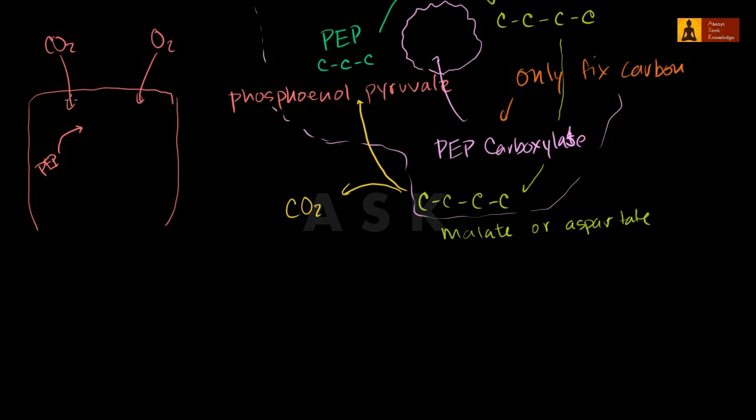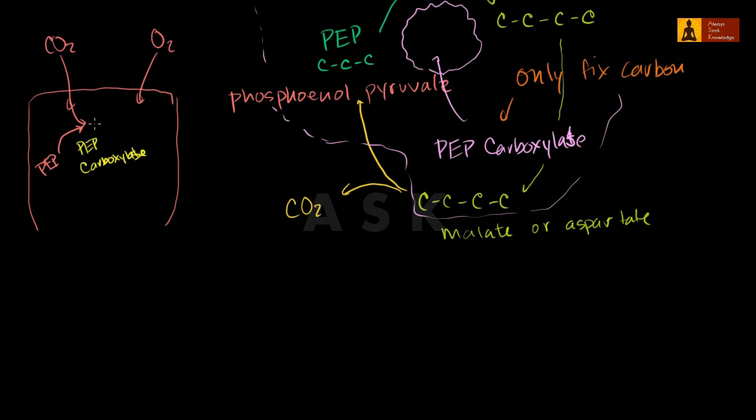Only CO2 can be reacted with PEP because of the PEP carboxylase. This is the enzyme that's operating. So this is much more specific than ribulose bisphosphate carboxylase, or the Rubisco. So the oxygen just gets ignored, even though it's hanging around these mesophyll cells.